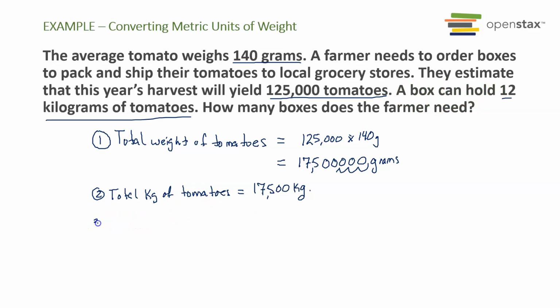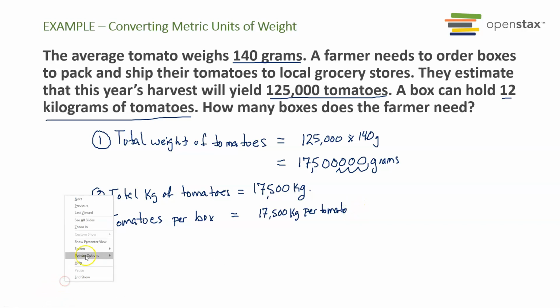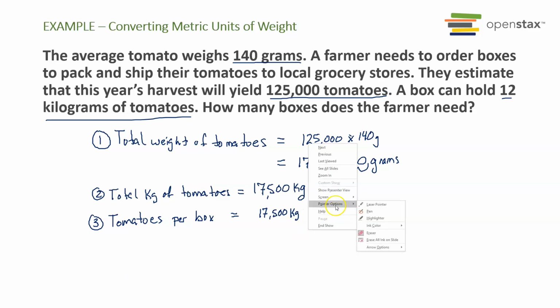So finally, we want the tomatoes per box. And so that's going to be 17,500 kilograms, and then we're going to divide that by 12 kilograms per box.